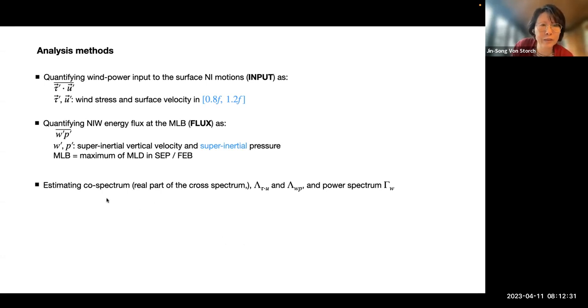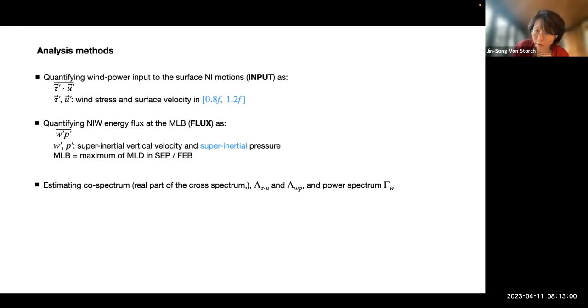Okay, and then we also consider some spectra. We consider the co-spectrum between wind stress and surface current. These are simply the real part of the cross spectrum between surface current and wind stress, and also between vertical velocity and pressure. We also consider the power spectrum of the velocity, and here the emphasis is really on the waves.